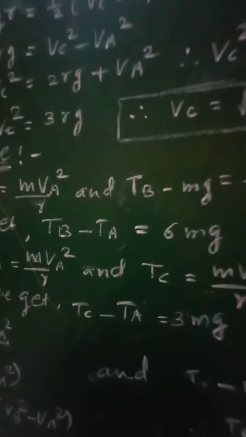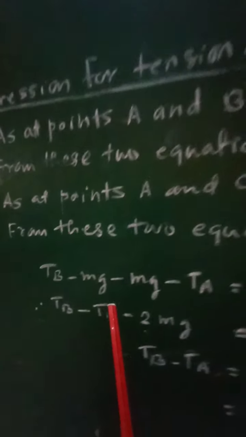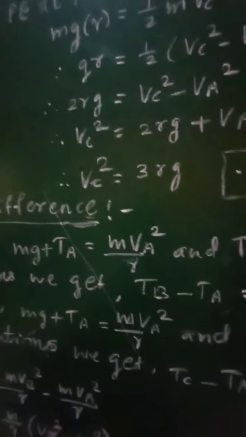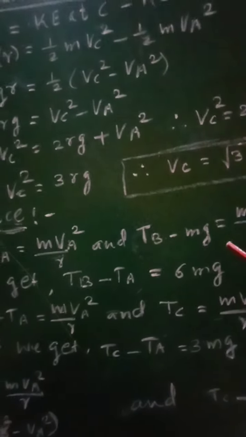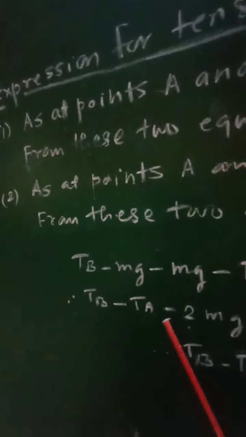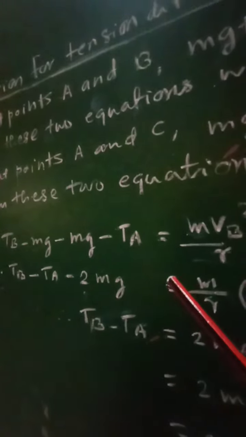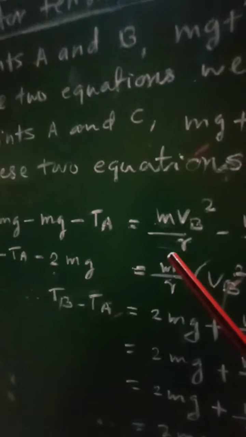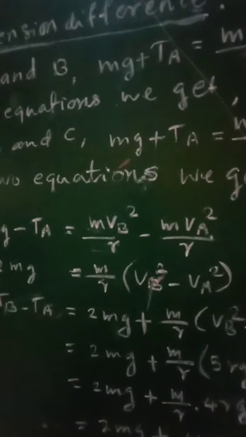Now that can be simplified by using these relations. Considering these two equations for mg plus TA and TB minus mg and taking their subtraction, we can write TB minus mg minus TA equal to m Vb square upon r minus m Va square upon r.